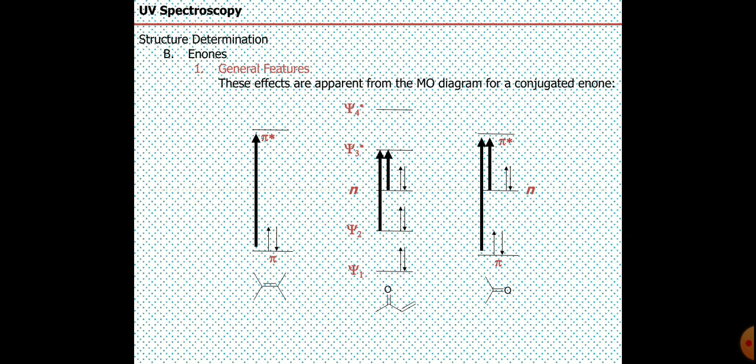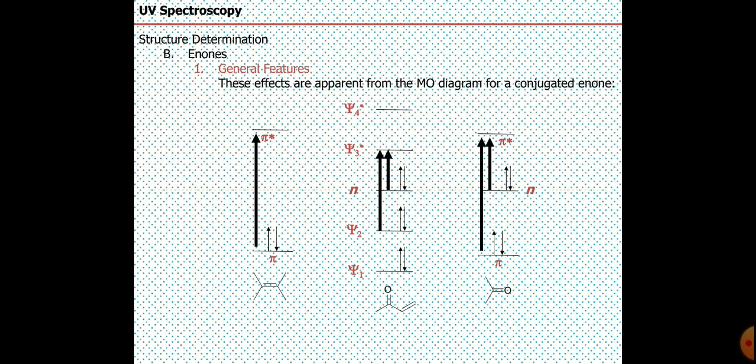So you can see there are two types of transitions. First one is the pi to pi star transition occurring in simple alkene, tetrasubstituted alkene. In the second diagram, a conjugated ketone is given. Here two types of transition occur, psi 2 to psi 3 star and n to psi 3 star. The energy gap for n to psi 3 star is very small. Therefore, this band is more intense than the psi 2 to psi 3 star band.